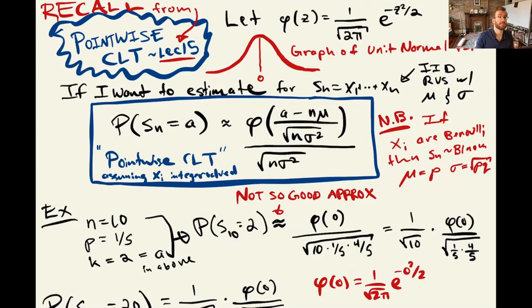All right, so I'm just going to plug this into my calculator here. I'm going to look at 1 over the square root of 2 times pi times 10 times the probability of success, which is 0.2, times the probability of failure, which is 0.8.